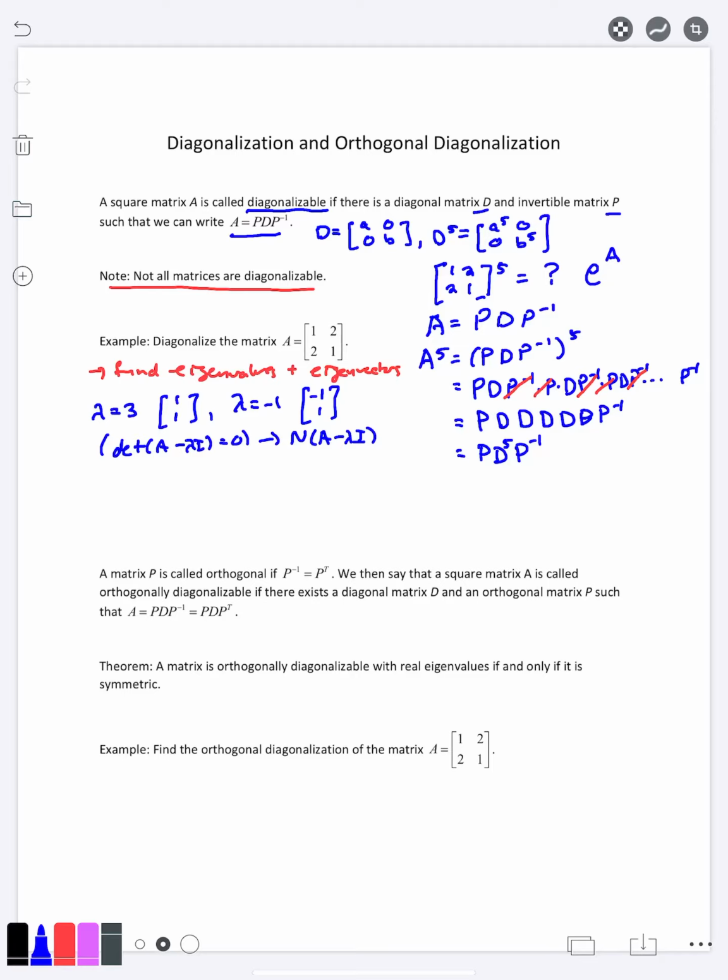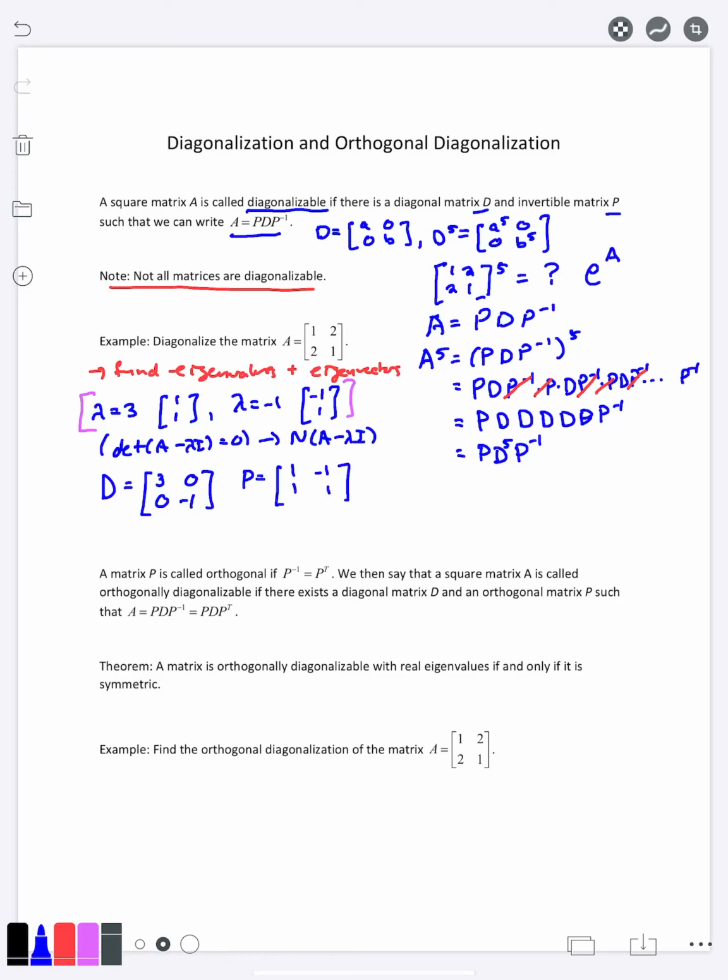And the great thing now is that once we have our eigenvalues and eigenvectors, we're done. All we have to do then is, for our diagonal matrix, put down your two eigenvalues, which are 3 and -1. And for your P matrix, just put down your two eigenvectors and make sure you put them in the right column.